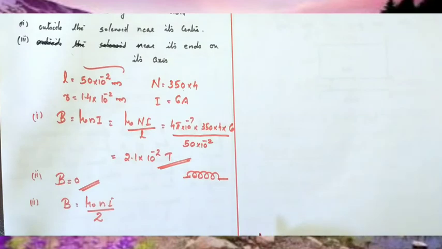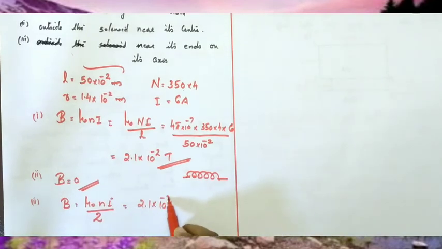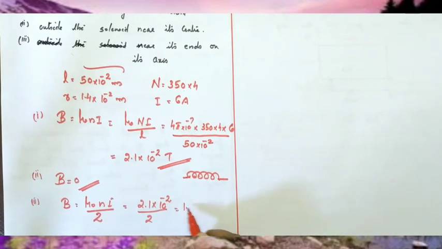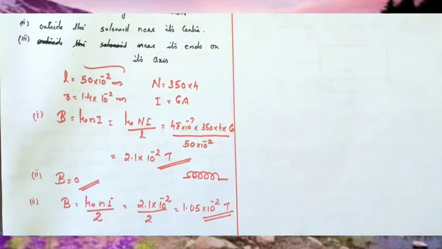So magnetic field inside is mu 0 Ni, and the magnetic field near its ends, on the axis, is mu 0 Ni divided by 2. We know mu 0 Ni is 2.1 into 10 raised to minus 2, divided by 2, so it is 1.05 into 10 raised to minus 2 Tesla. That is the magnetic field near its ends on its axis.